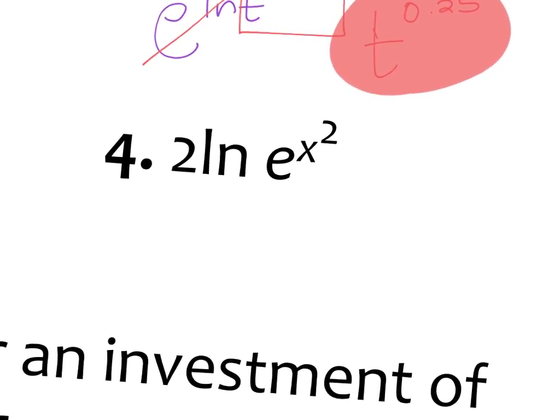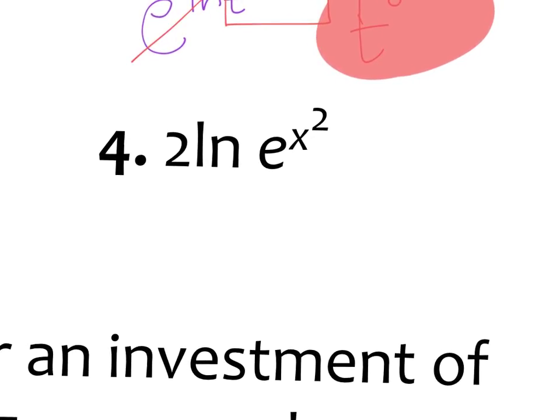Okay, number 4, this time, ln of e can cancel. All right, so ln of e cancels through, giving you just the exponent, and then I've got 2 times x to the second. Yep. How do you know if it's going to be 2x to the second or like 2x third?